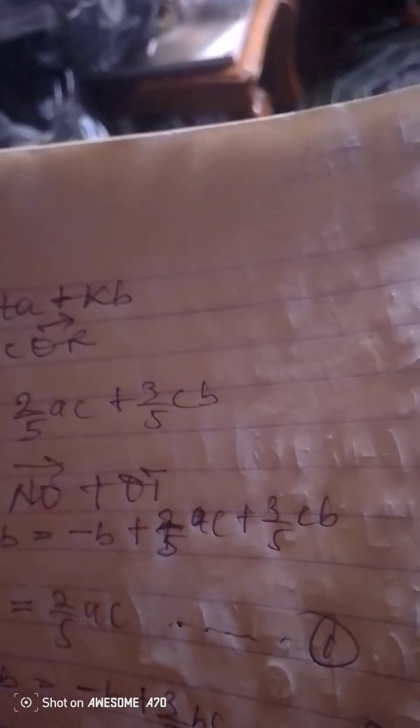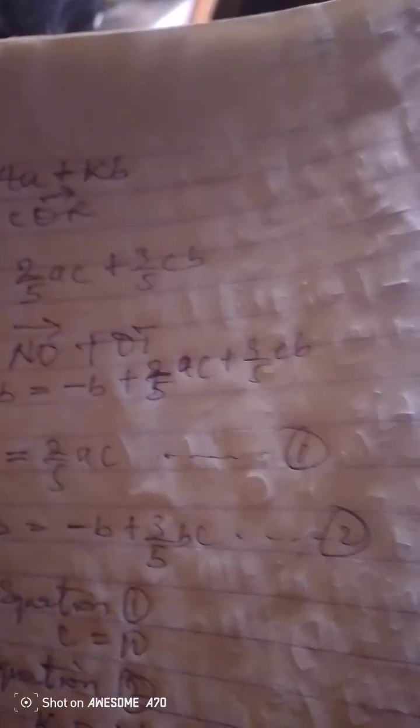Therefore, OT can be written as 2 over 5 of ac plus 3 over 5 of cb. NT can also be written as NO plus OT, which means 4a plus kb is equal to NO, which is negative b, plus 2 over 5 of ac plus 3 over 5 of cb.